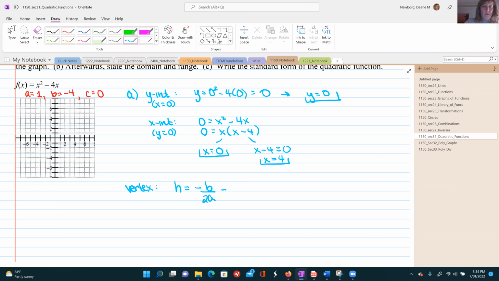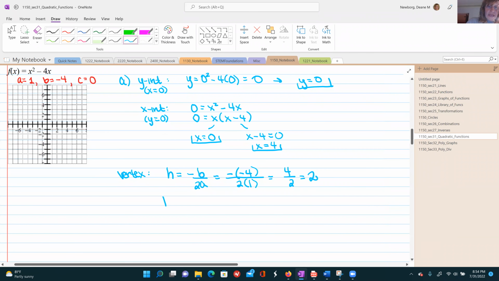Okay, so negative b is 4. So I have 4 over 2 times 1, which is 2. Okay, so there's my h. h is 2. And then the k is what I get when I plug 2 into the function.